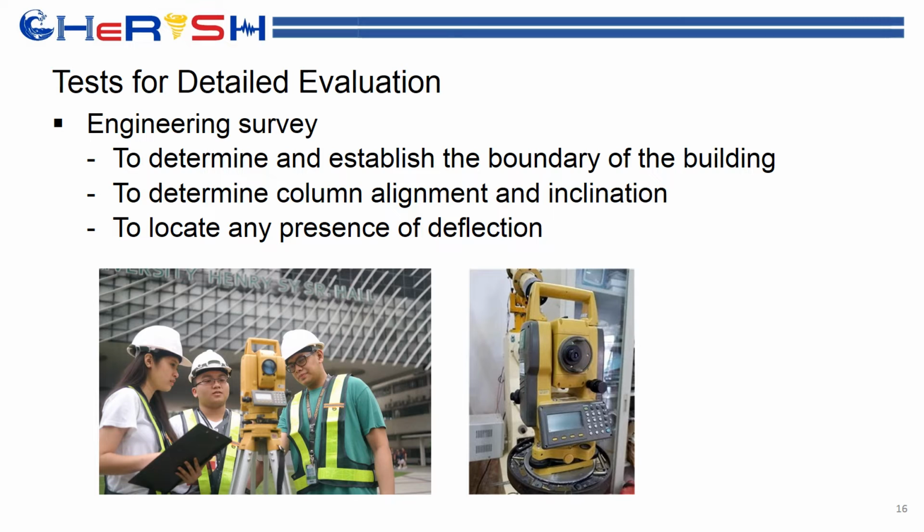And then an engineering survey would also allow us to locate the presence of deflection in slabs and beams. So doing an engineering survey is also particularly helpful in determining this information.